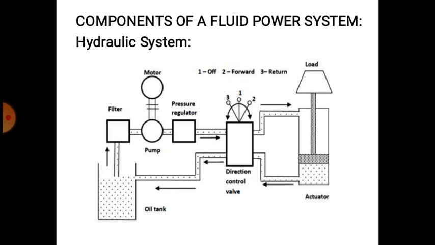The oil which is pumped flows towards the pressure regulator, the pressure relief valve. From the pressure relief valve, it moves towards the direction control valve, and from the direction control valve, the oil goes through the actuator. After doing the work in the actuator, the oil returns to the reservoir, passing through the direction control valve.